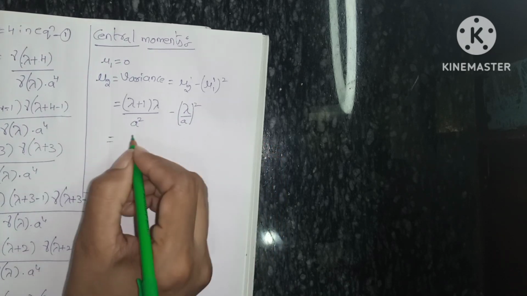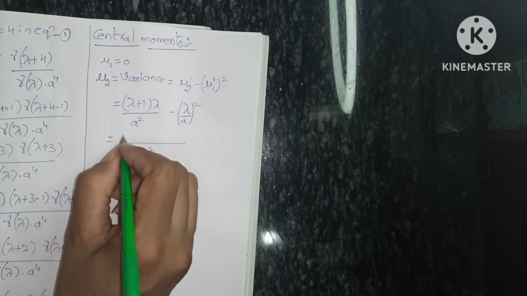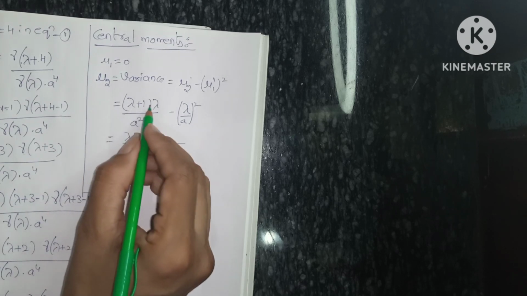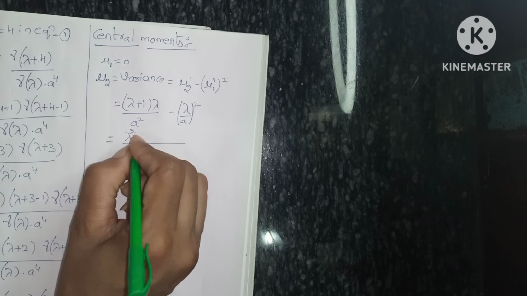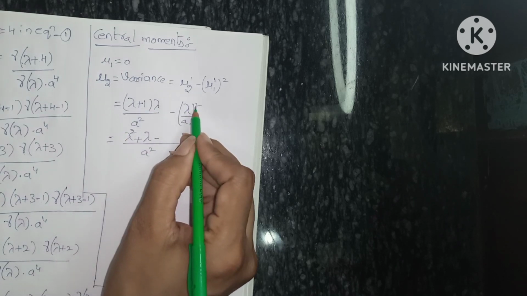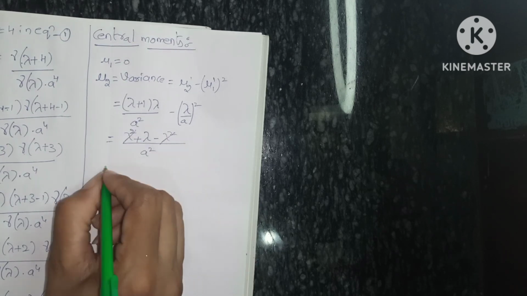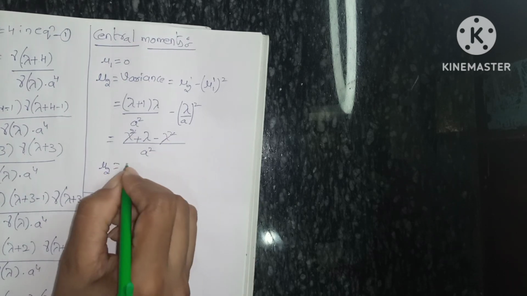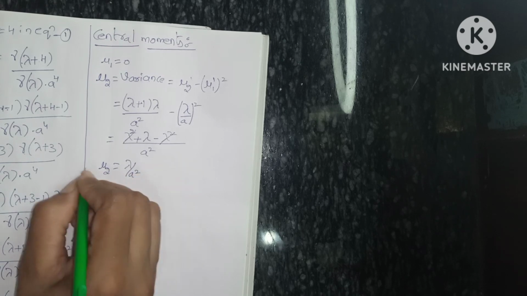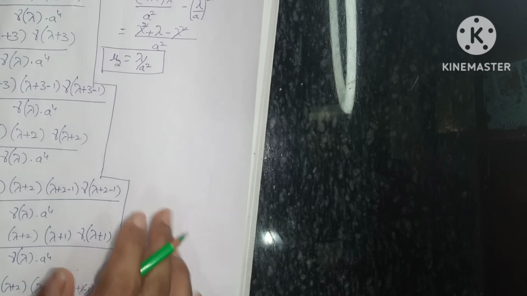In both the terms a square is the LCM. So lambda into (lambda square plus 1 into lambda) minus lambda whole square is nothing but lambda square. So lambda square gets cancelled. So mu2 equals lambda by a square. That means variance is lambda by a square.